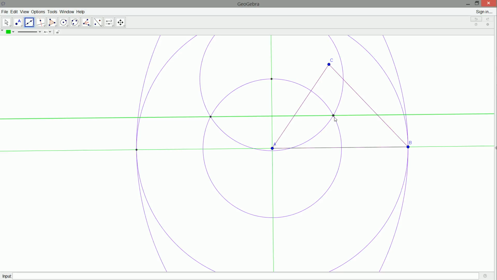And so now from there we can construct a right angle at the incenter through this parallel line, and that'll intersect AB perpendicularly as well.